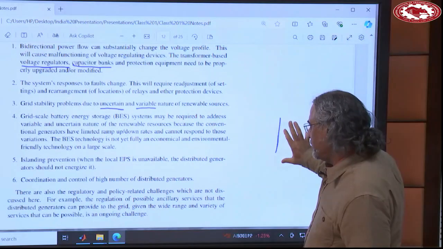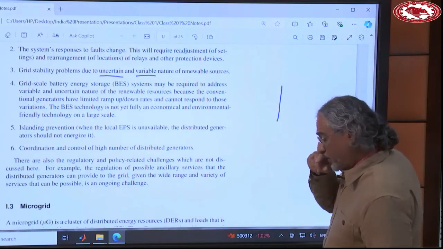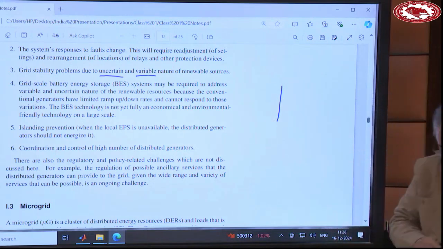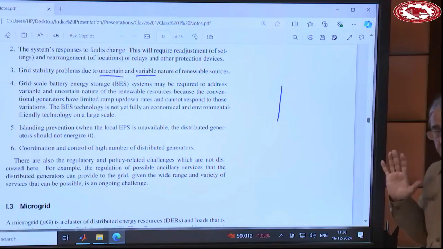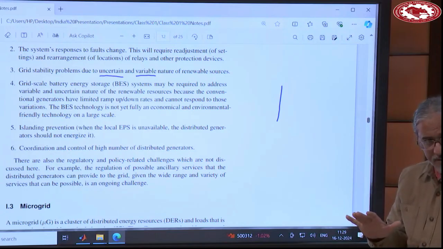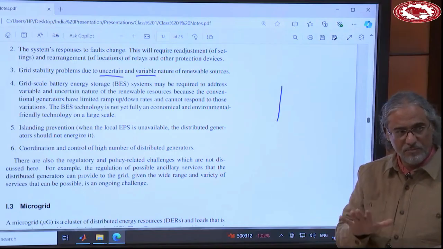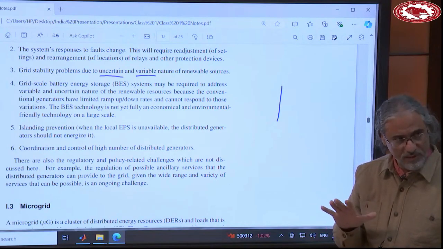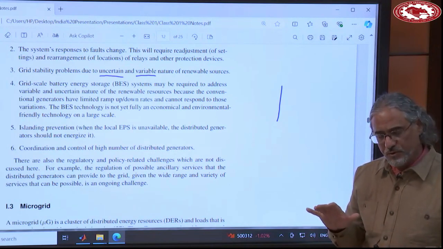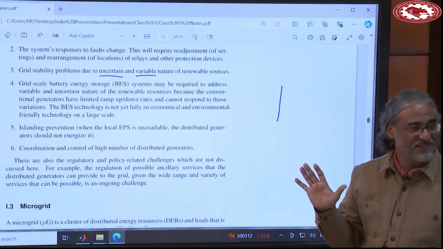Islanding prevention. This is also one challenge that we have with distributed generation, because on the one hand, we said we would like to have the facility that, if needed, we can island one part of the distribution system, if we really need it and it is under control. But on the other hand, there is a side effect: this islanding should be completely under your control and knowledge. In other words, you don't want to have an island when you don't want it, because it's dangerous.